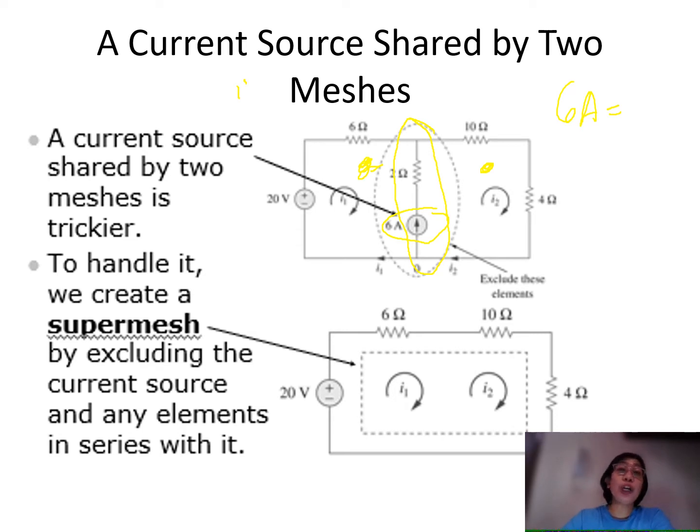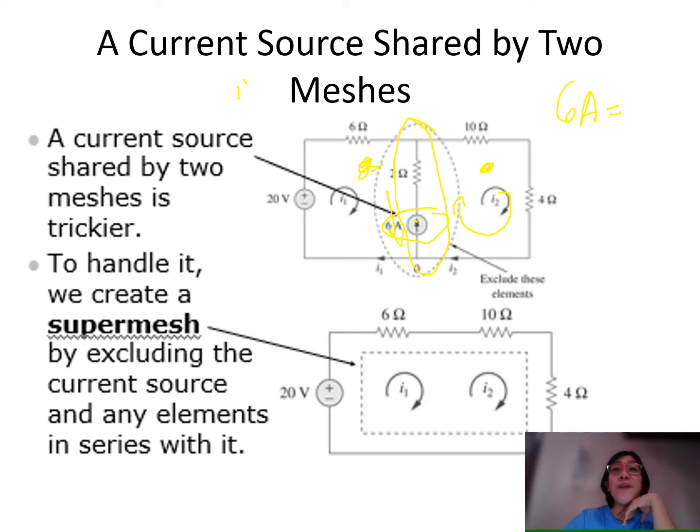Okay, so which current between I1 and I2, between mesh current 1 and 2, has the same direction as your current source? As you can see, I2 here has the same direction, while I1 has the opposite direction.